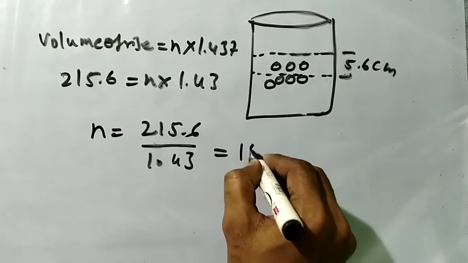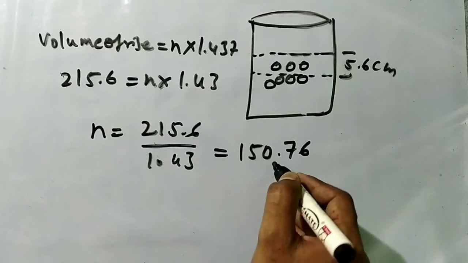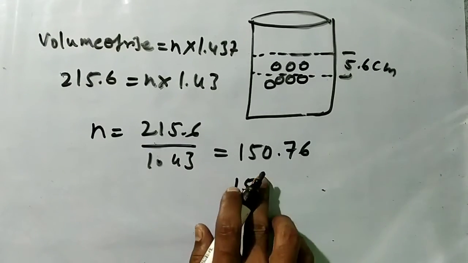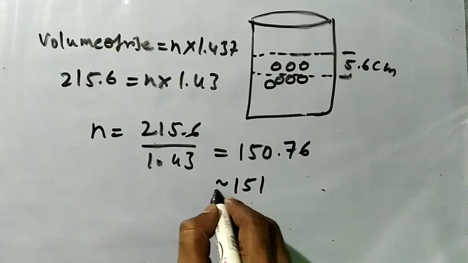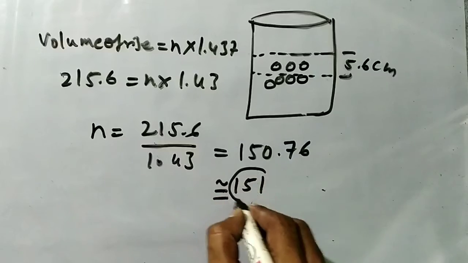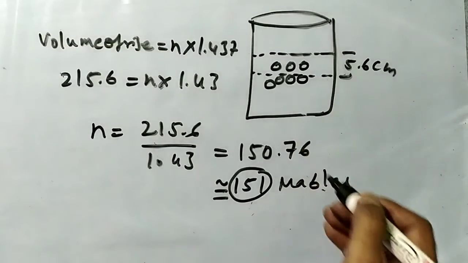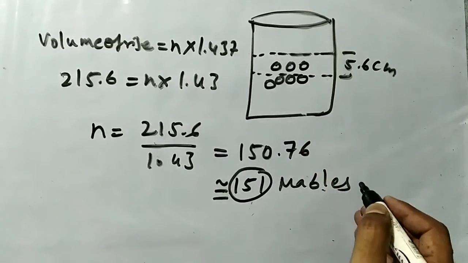Here we get the value 150.76, and since it is above 150.5, we can take 151. So 151 marbles are thrown in the beaker, which led to the rise of water level by 5.6 centimeters.